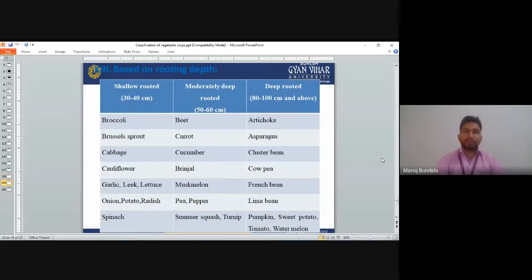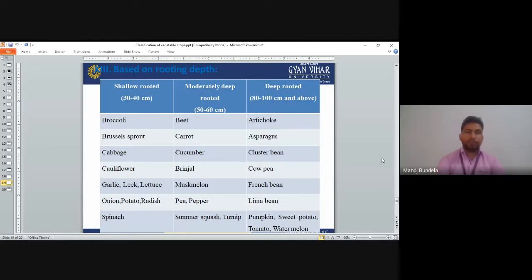Next is based on the rooting depth: shallow rooted, moderately deep rooted, or deep rooted. Shallow rooted means the roots go only 30 to 40 centimeters. Moderately deep rooted means 50 to 60 centimeters, and deep rooted means 80 to 100 centimeters and above.